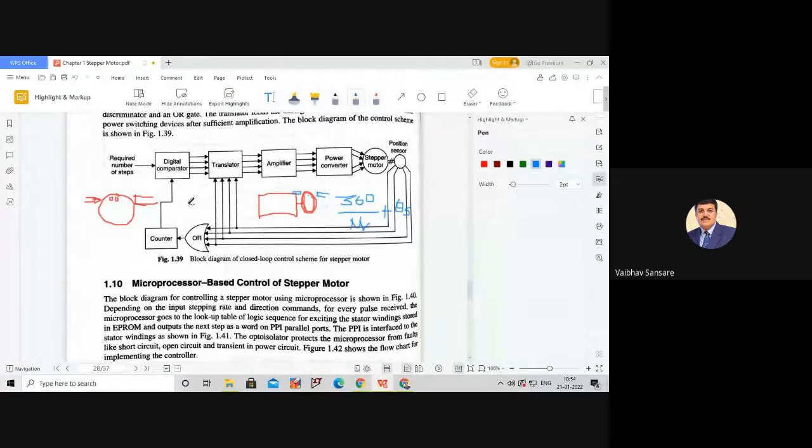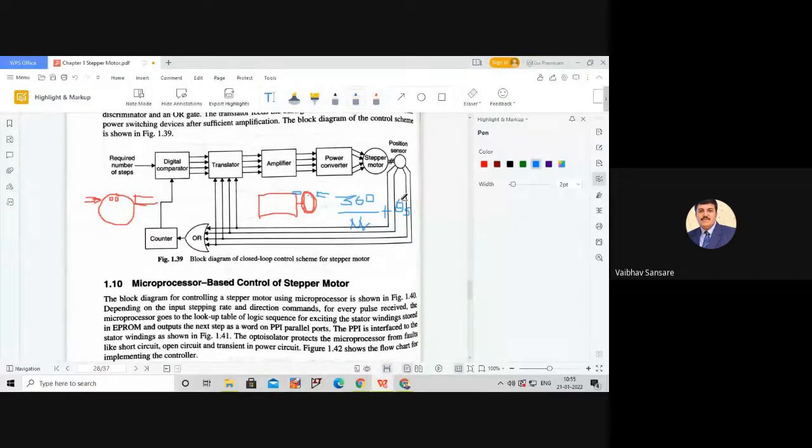The signals for the translator are obtained from the comparator. There are two signals required: one signal is obtained from the comparator, which depends upon the required number of steps, and another is taken from the actual position of the rotor, that is, from the position sensor.